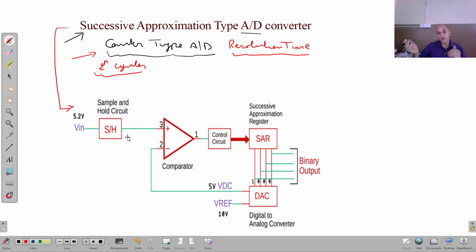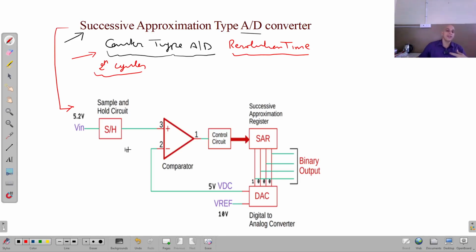That was a big problem. And I had told you at that time that if we can design a circuit that can start not from 0 but from a value very close to the previous value, then the time taken for completion will be small compared to the counter type. So this successive approximation works on this principle, right?